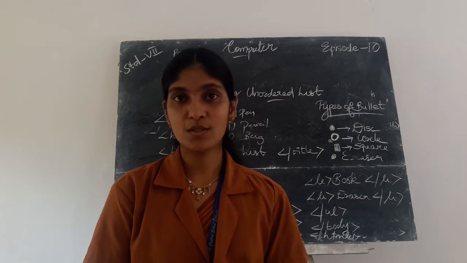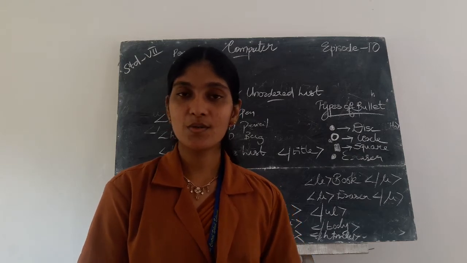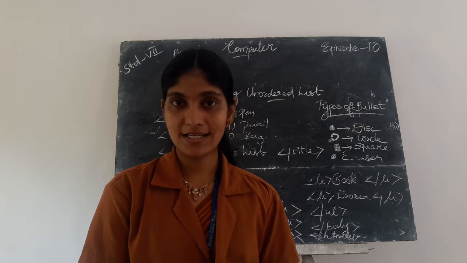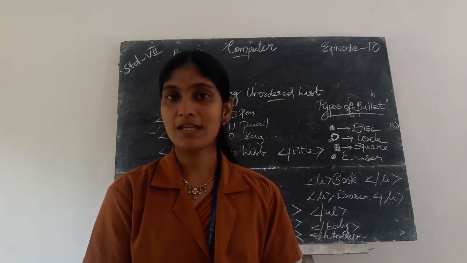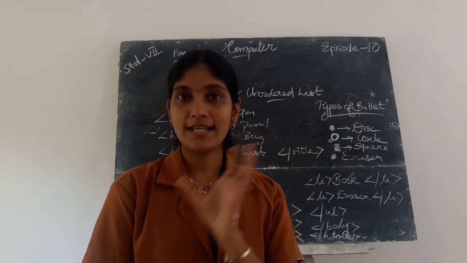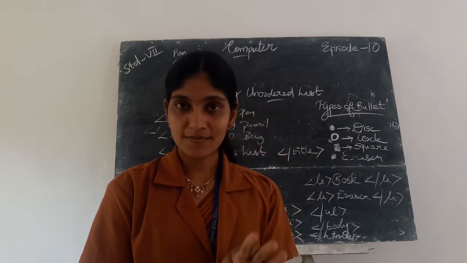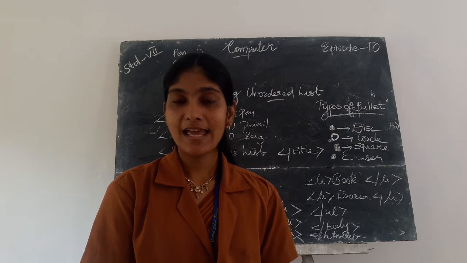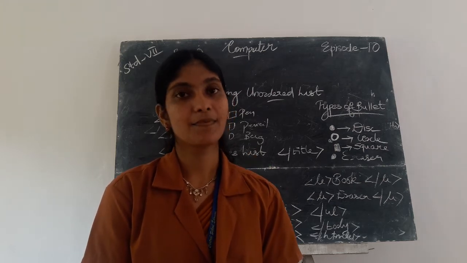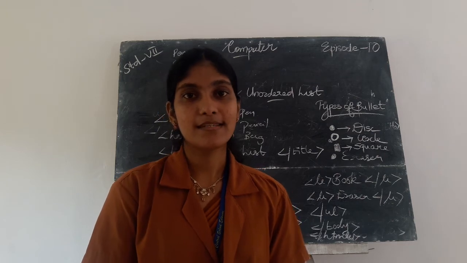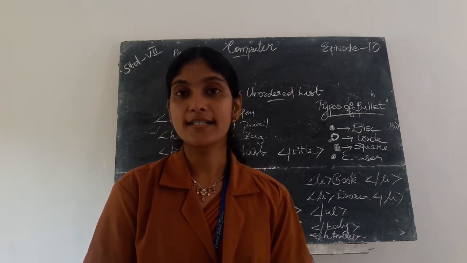That is 1, 2, 3, etc. So if you want to change from number to ABCD, just replace type is equal to letter A or B or C, etc. So finally the items will be displayed in ABCD letters or small letter abcd letters, etc.